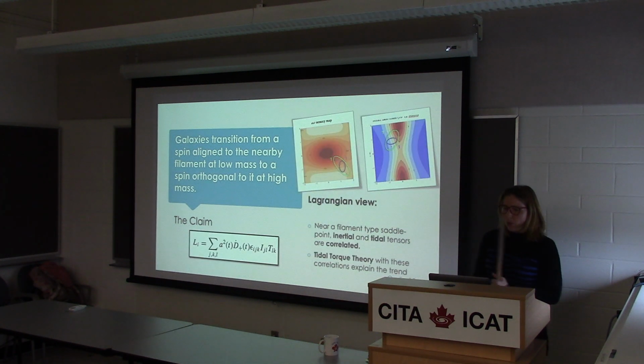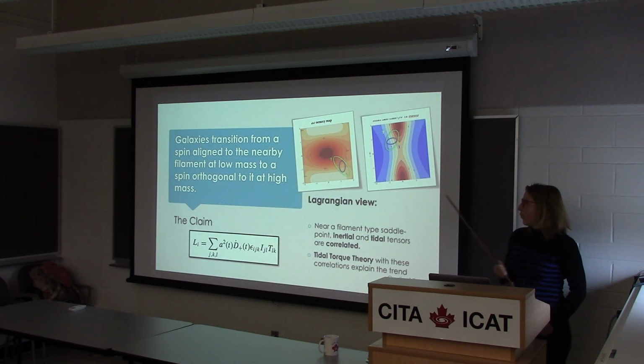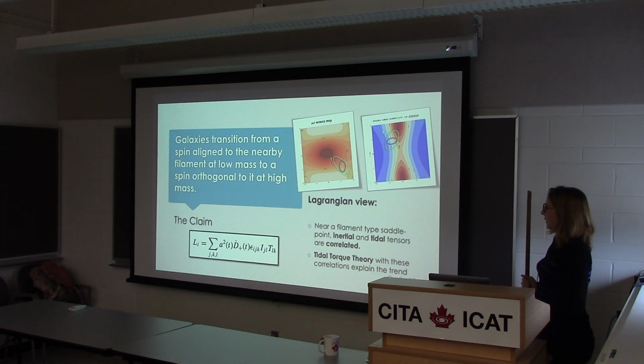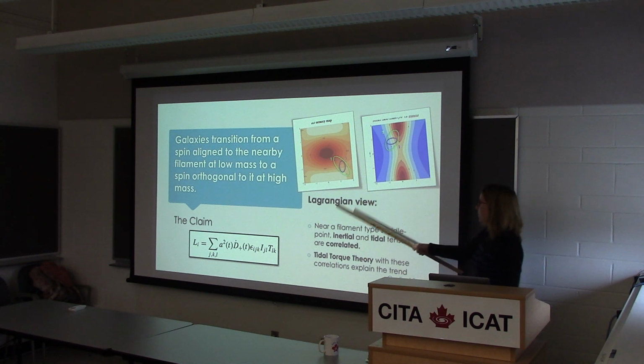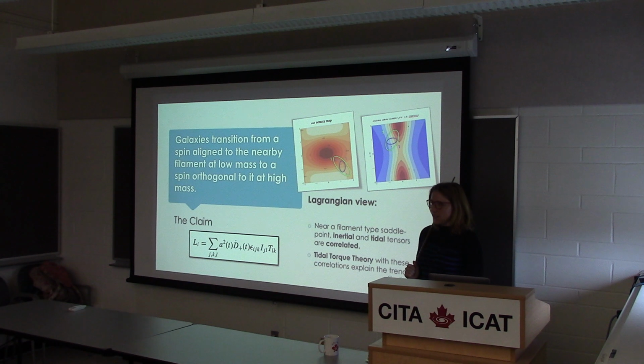For those of you who like an even more theoretical aspect, more analytical at least, there is also a Lagrangian way of explaining things, that is going just to the initial conditions and trying to infer whether you can recover that. So of course that will be for dark matter halos only.